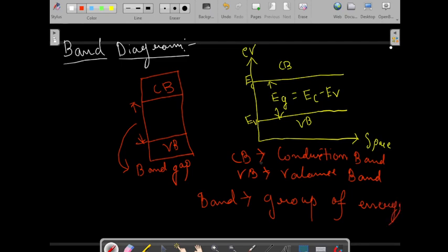And here the voltage is EG, the energy gap.